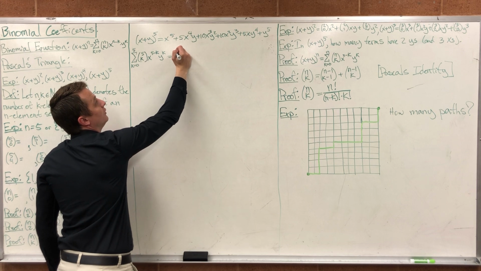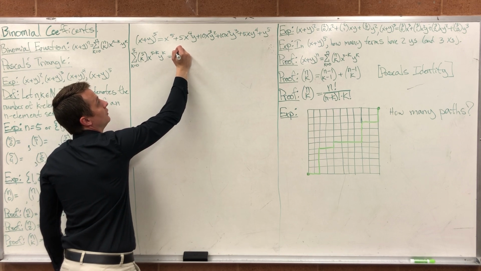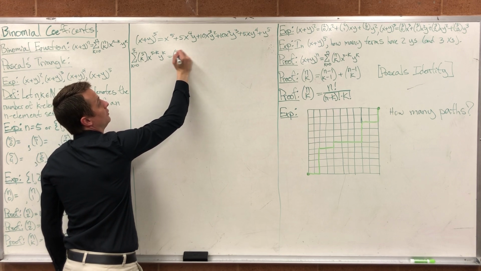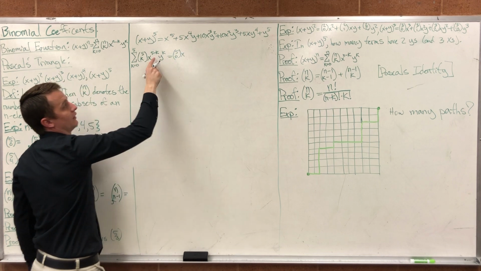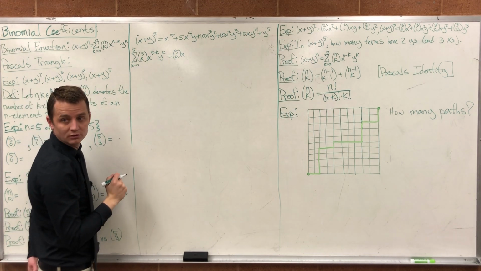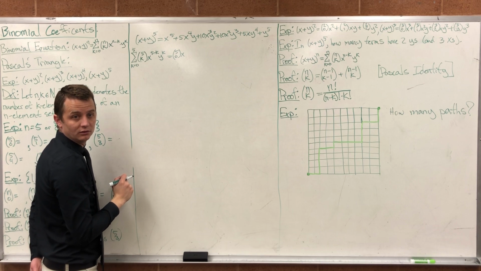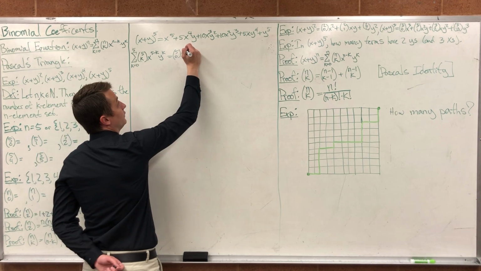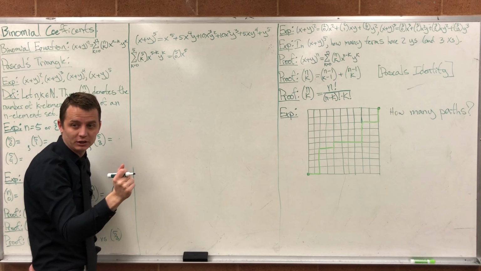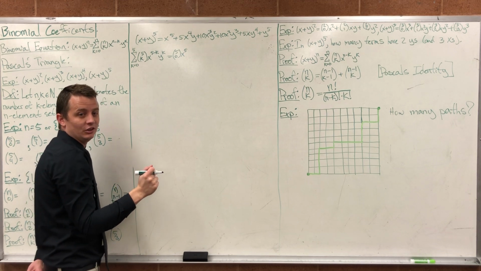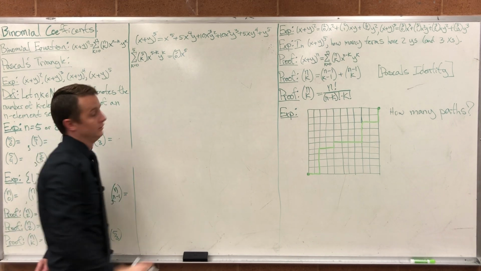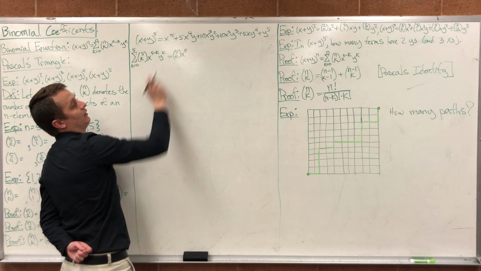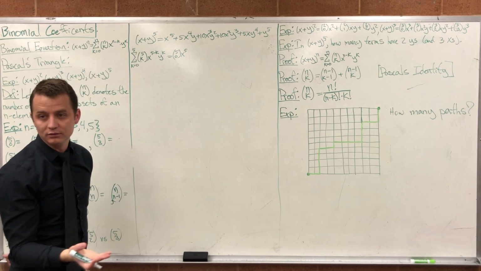If k is 0, it's going to be 5 choose 0. What's x to the 5 minus 0? X to the 5. What's 5 minus 0? You have $5, I take none. How many you got? 5. And y to the 0 is just still y to the 0.